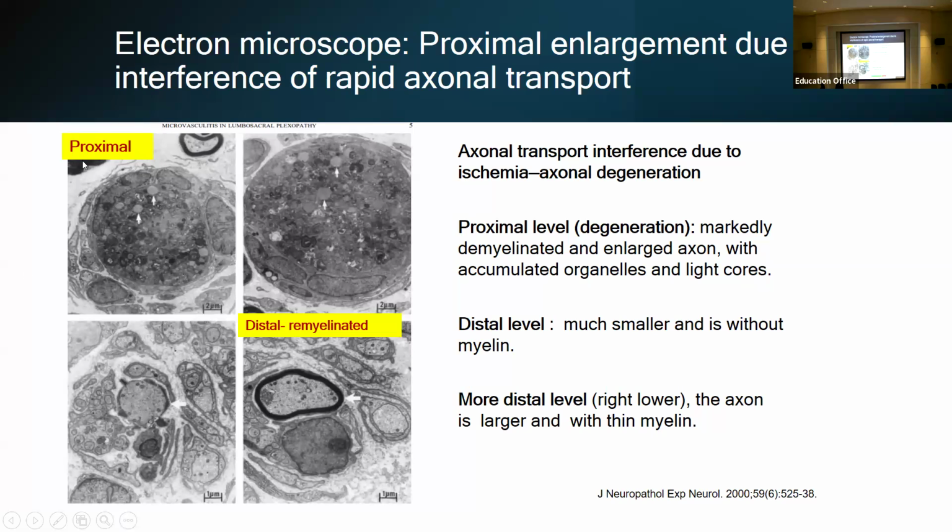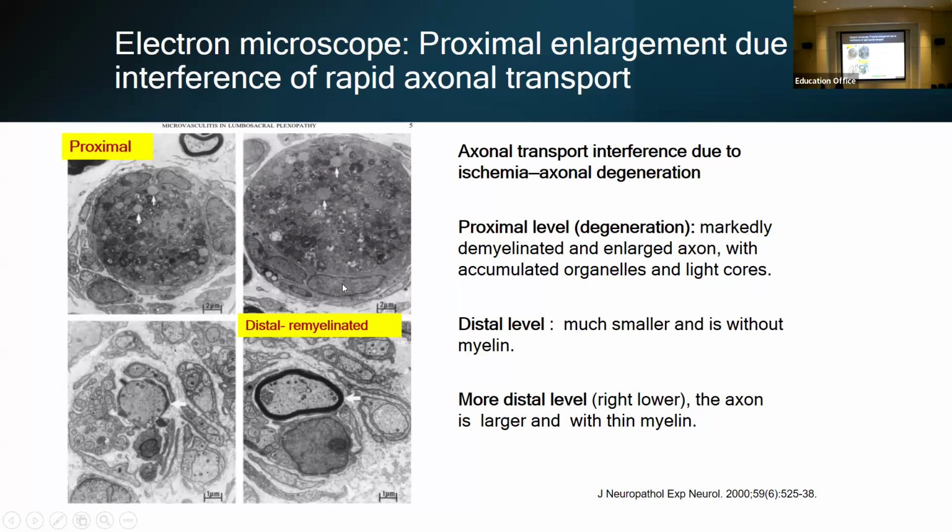And it has demyelination, so you don't see any dark signal around the nerve. And you also see accumulated organelles. So they propose this might be interference of axonal transport by the ischemia. And also the ischemia will cause the axonal degeneration. I think it makes sense.